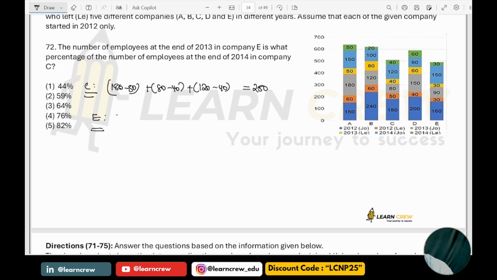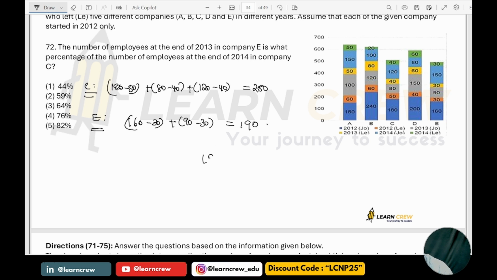E in 13 would be 160 minus 30, and 90 minus 30. 130 plus 60 is 190.